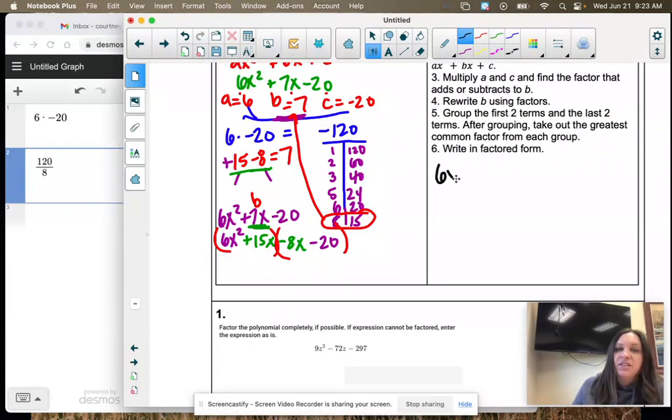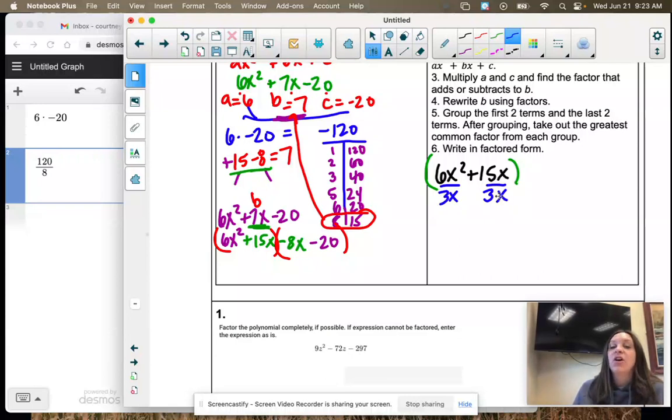So if I have 6x squared plus 15x, that's my first group. What's the greatest common factor of these? Well, they both have an x. Remember, this is from the first section. And then 6 and 15 both divide by 3.